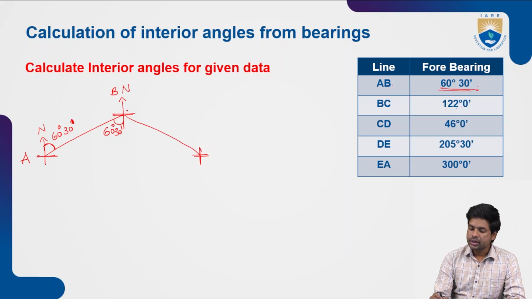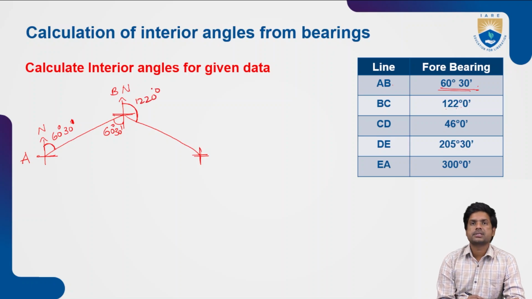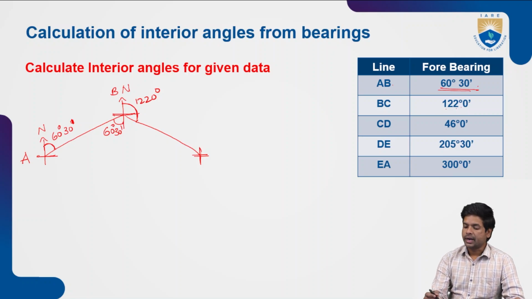The fore bearing is given as 122 degrees, so from here to here it is 122 degrees. Because it is more than 90 degrees, it lies in the second quadrant, since till here it is 180 degrees. Next, C to D is 46 degrees. Again, this is less than 90 degrees, so you can assume that it is in the first quadrant.